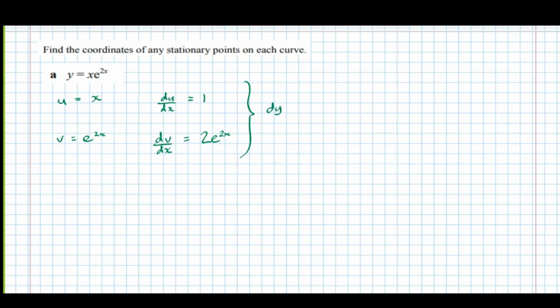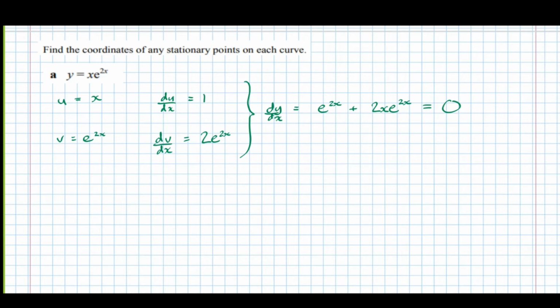Which means that dy by dx equals v u dash plus u v dash, which is equal to 0. And it's really important that you write equals 0. That's worth a mark according to the mark scheme in an exam.